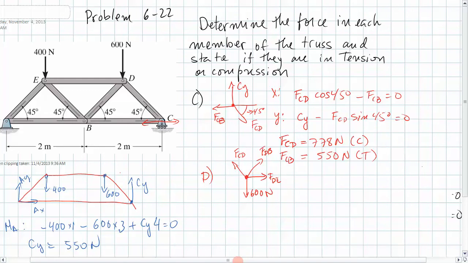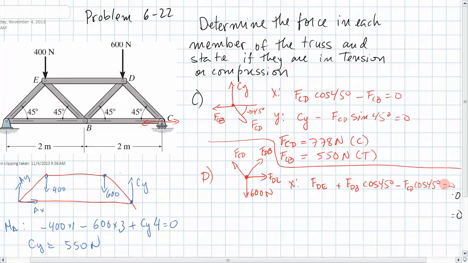Let's just move this here. So the equations of equilibrium: for the x-axis, what do I get? I get FDE plus FDB cosine of 45 degrees minus FCD cosine of 45 degrees equal to 0.